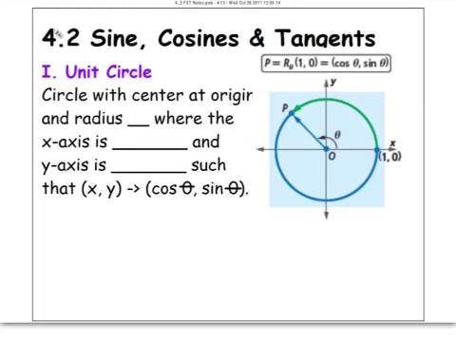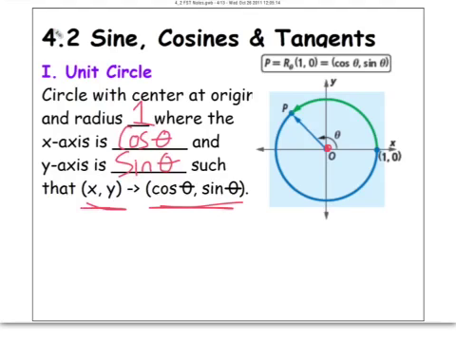So what we basically did in this 4.2 activity and starting into the official notes is we've defined the unit circle. It's a circle with a center at the origin, which is right there, and the radius is 1. Where the x-axis is now cosine of theta, or the angle, the y-axis is the sine of theta, or the angle, such that our old ordered pair of x, y has now become the new ordered pair, cosine of an angle and sine of an angle.